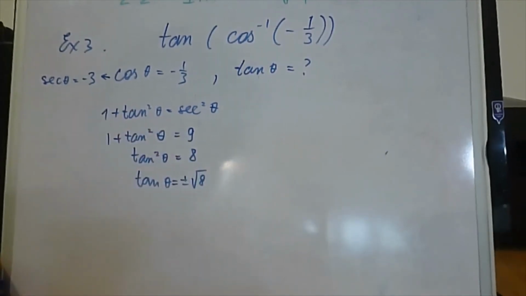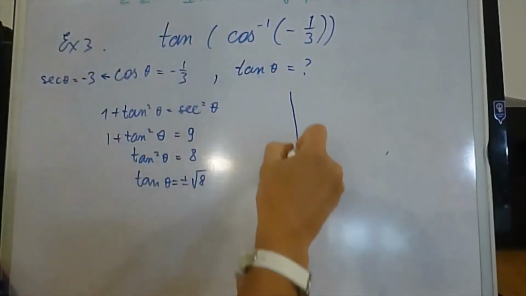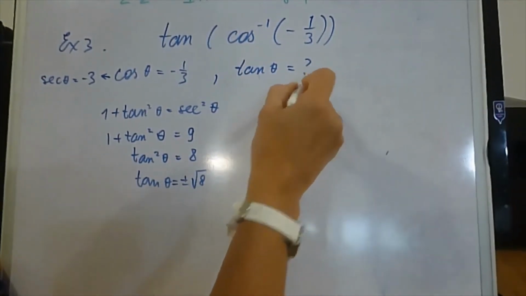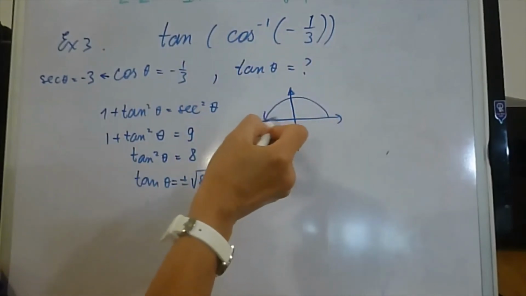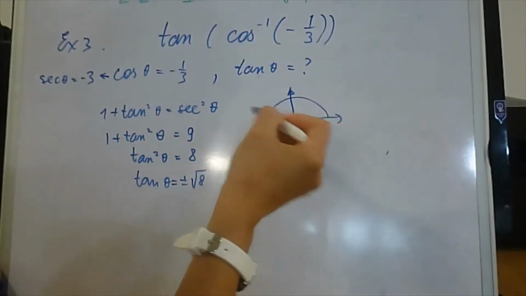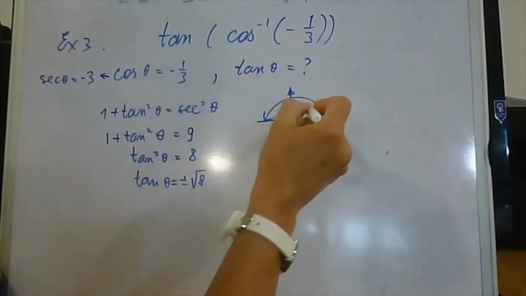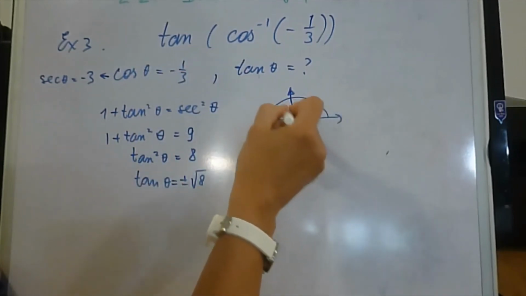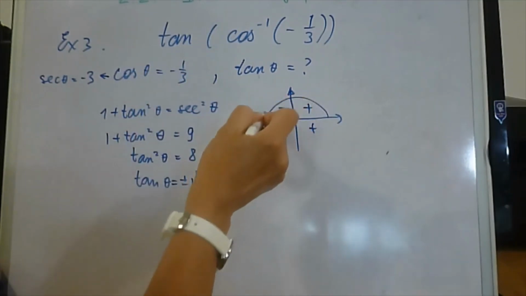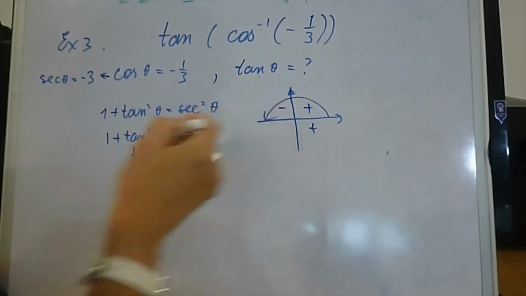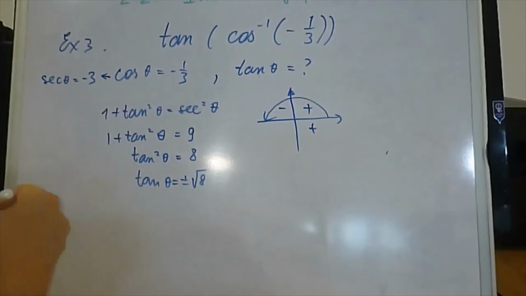Okay, now, which one should I choose, plus or minus? Again, a circle is going to help me. The cosine inverse is defined from 0 to pi, over here and here. The cosine itself is positive here and negative here, and because we are given a negative cosine, we are sitting somewhere here. What is tangent doing here? Well, I'm going to use red color for tangent.